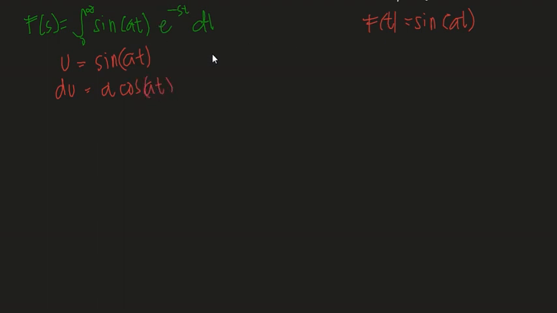Next, dv is the remaining part of the equation. So dv is equal to e raised to negative st dt. This time, we find v. We are already aware of the value of v. This is equal to negative 1 all over s e raised to negative st. So just negative st, no dt. Okay?